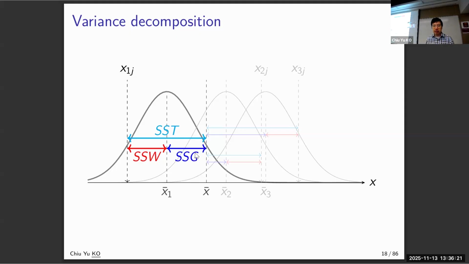But if they actually locate in different directions, then SSW and SSG, if you measure the variance, will be very different.